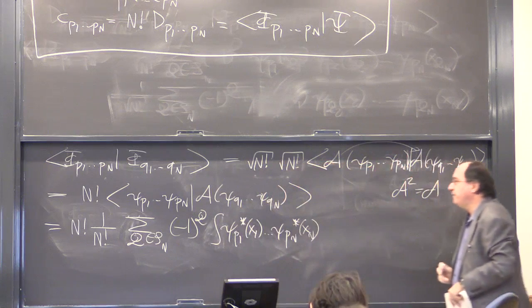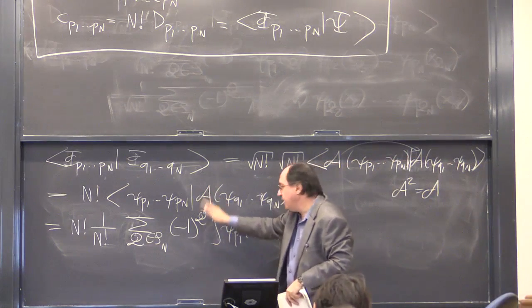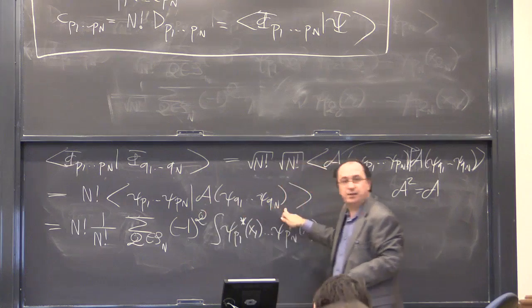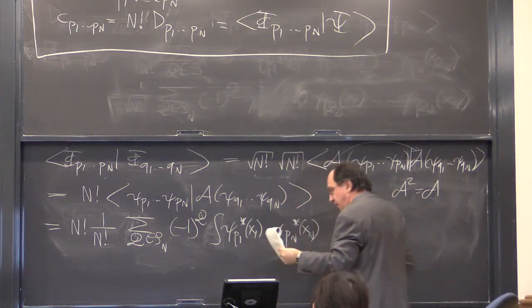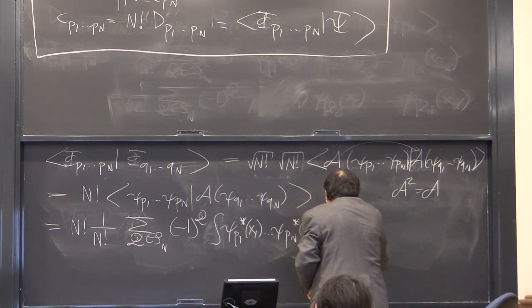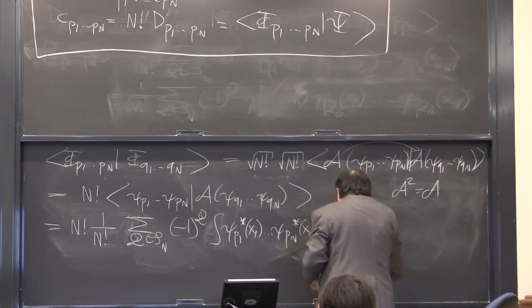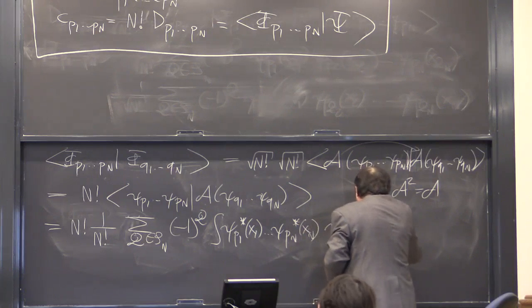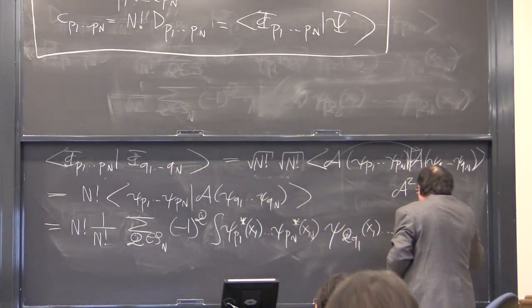That's what you have on the left. On the right, we have the permutation from the A in that summation acting on this product. I'm going to be permuting indices q1 through qn. So I end up with psi q1 of x1, and then psi qn of xn.